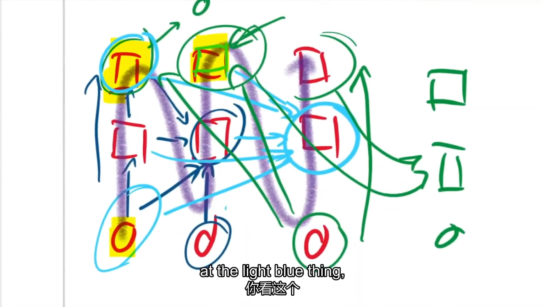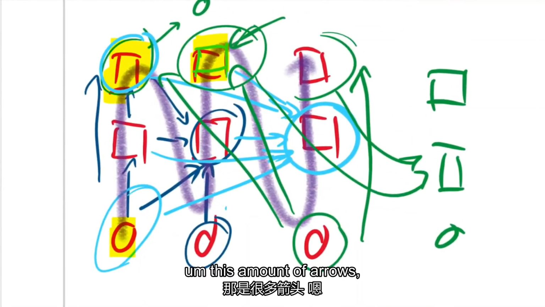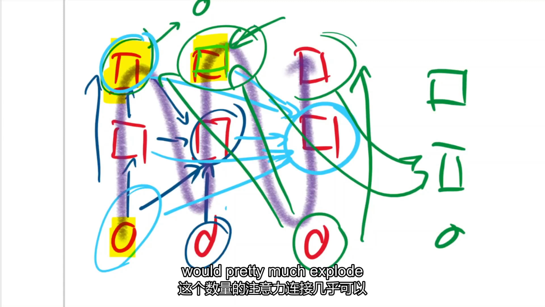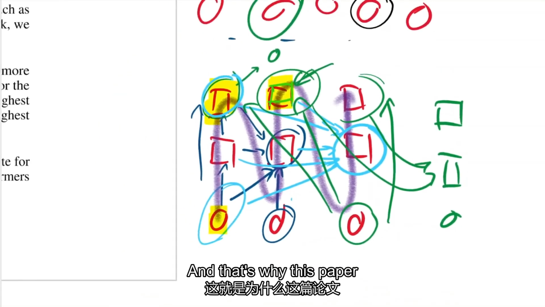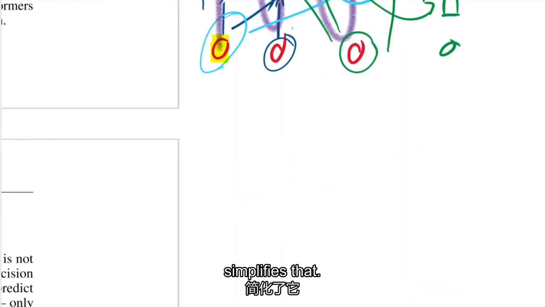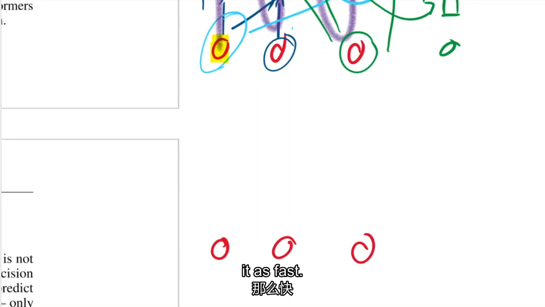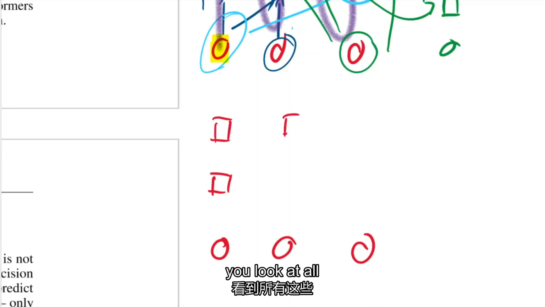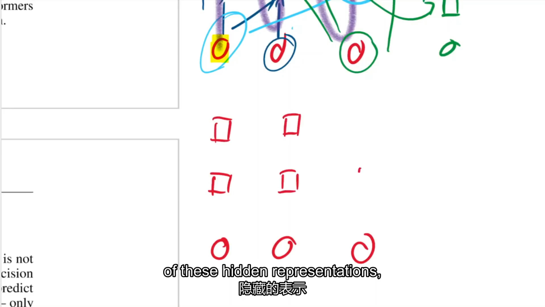Now, if you look at the light blue thing, that's a lot of arrows. This amount of attention connections would pretty much explode any system. And that's why this paper simplifies that. And here is where another trade-off comes in. So you can't train it as fast. That's number one. And number two, they say, well, we're not going to let you look at all of these hidden representations.